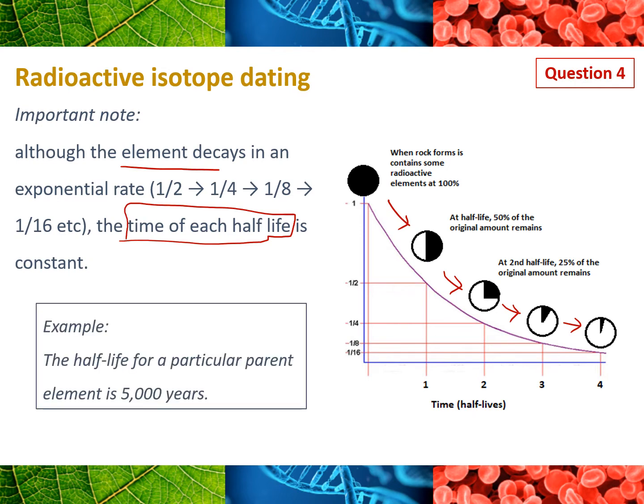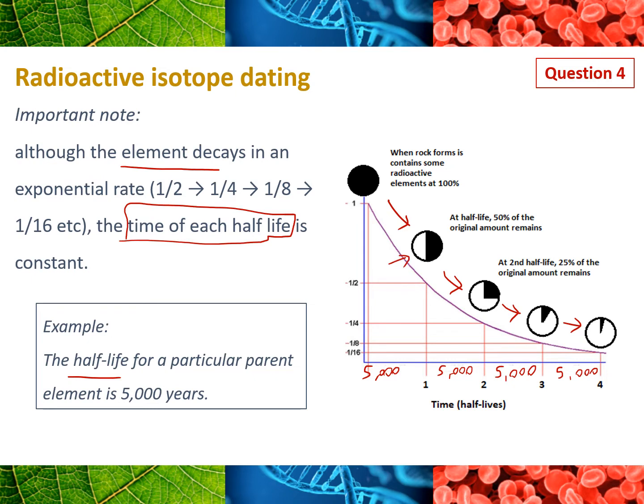If we use the example again that the half-life for this particular element is 5,000 years, that means this takes 5,000 years, this is 5,000 years, this is 5,000 years. The time it takes for half to decay is 5,000 years.